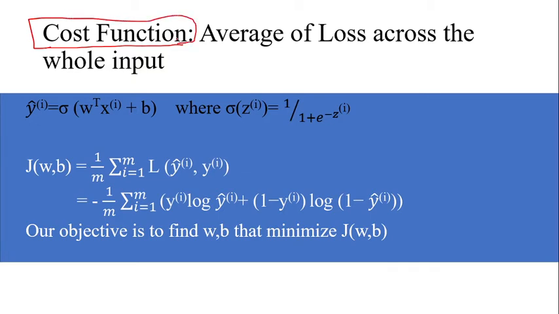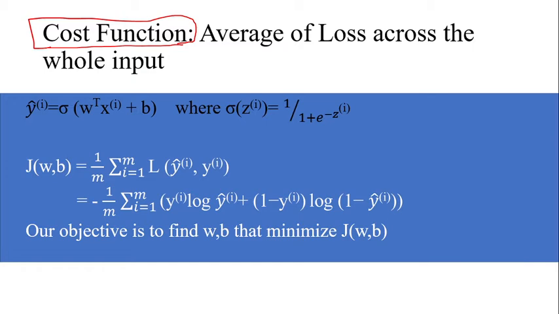So in short, when we are trying to find a loss, we are talking about one input sample. When we say cost, we are talking about all the input samples available to us.